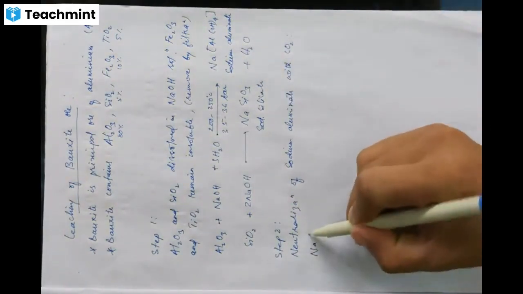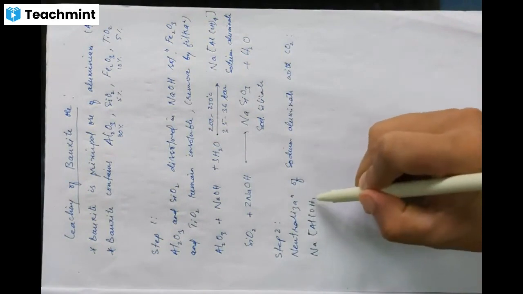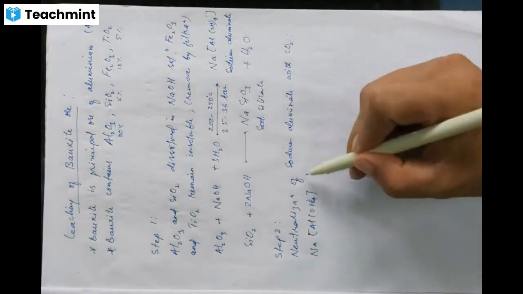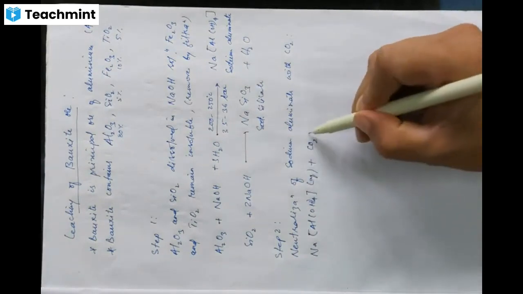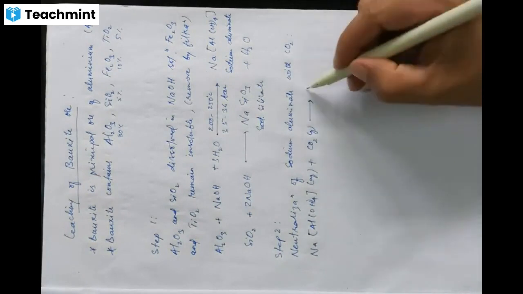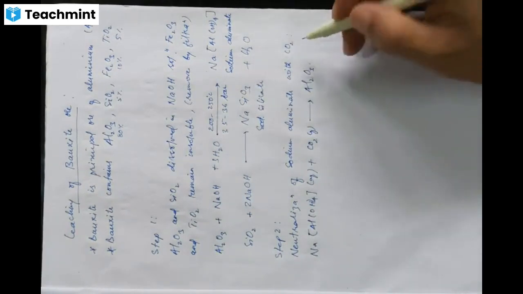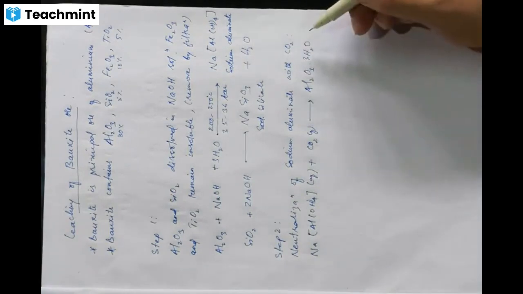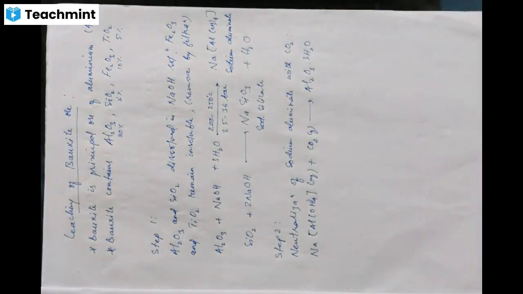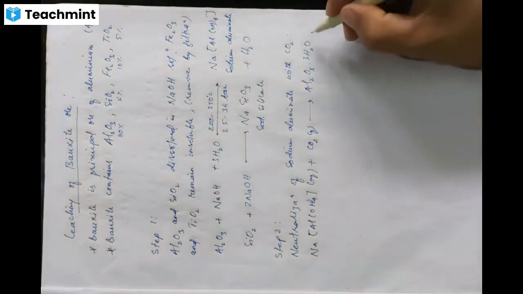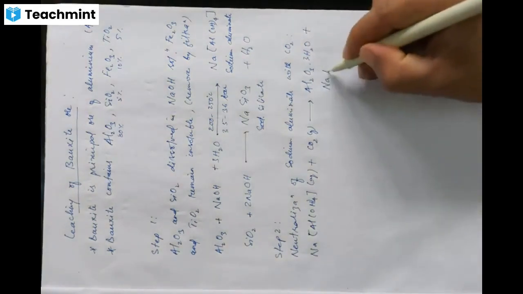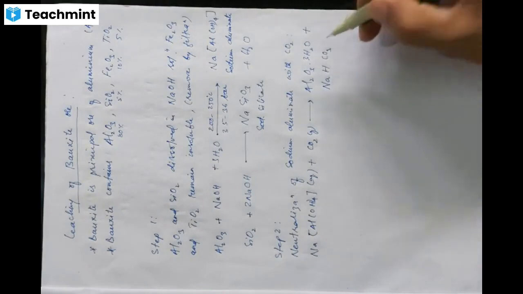So in this step, the sodium aluminate that we obtained in the first step, treated with carbon dioxide, we get aluminum trioxide trihydrate, plus sodium bicarbonate. We get sodium bicarbonate in the solution.